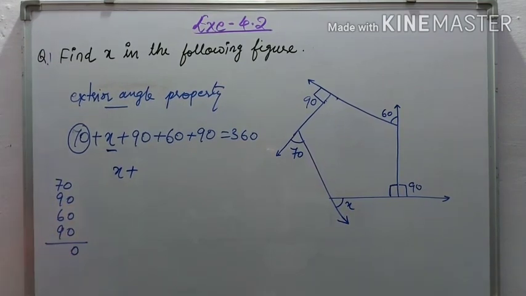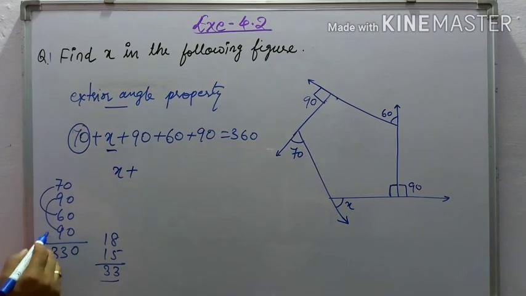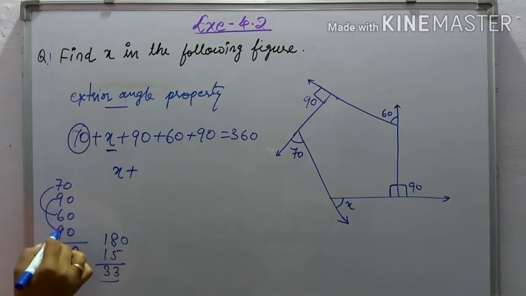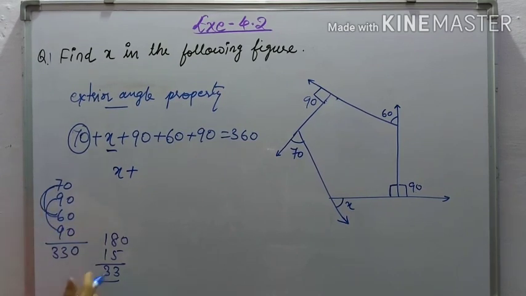So x plus 70 plus 90 plus 60 plus 90. Adding the numbers: 70 plus 90 is 160, 160 plus 60 is 220, plus 90 is 310. Check another time to be sure: 90 plus 90 is 180, 70 plus 60 is 130, and 180 plus 130 is 310.